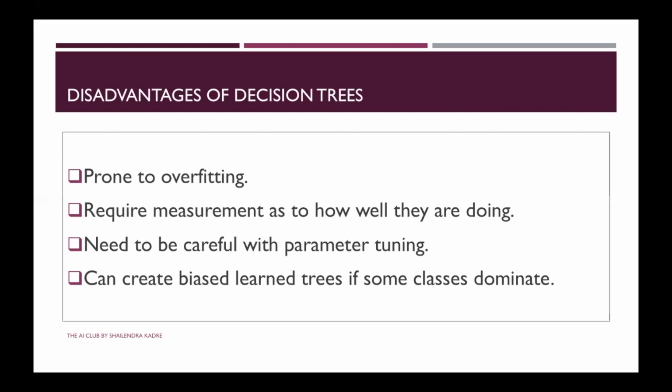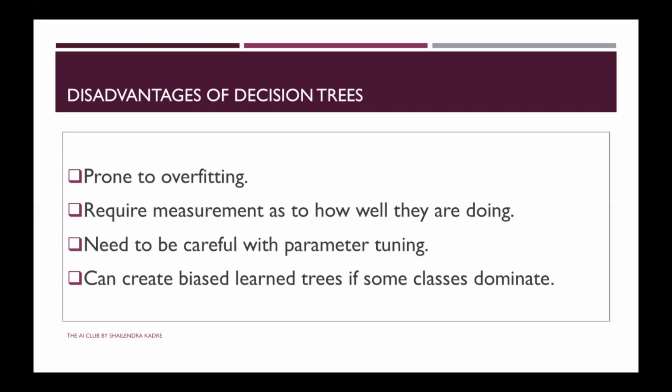So what are the disadvantages of decision trees? The disadvantage is that it is prone to overfitting. Just to recollect the idea of overfitting, we have seen in linear regression also that sometimes, when we are training the model, the model tends to learn the data.